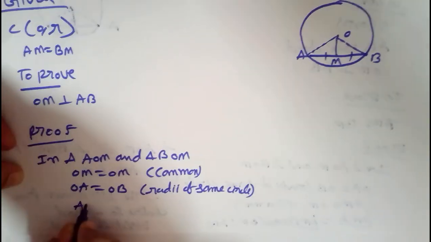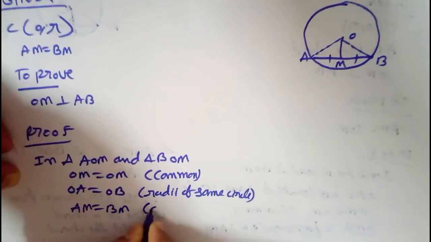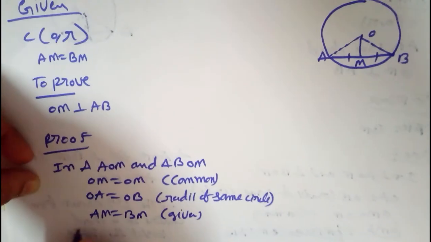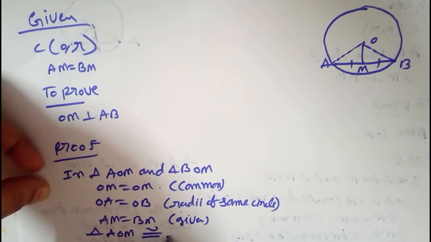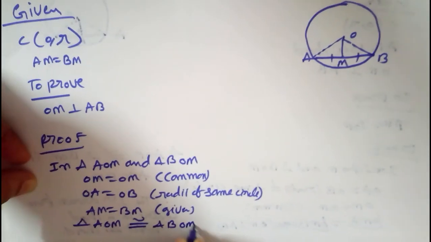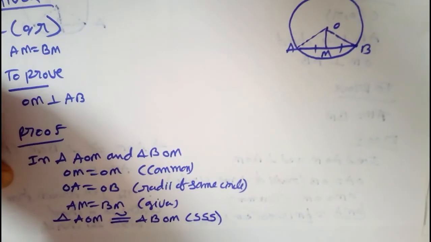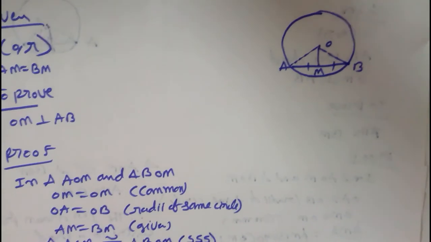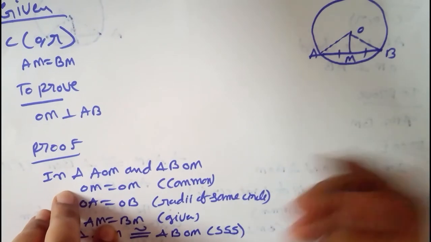Next, AM is equal to BM, given. Therefore triangle AOM is congruent to triangle BOM, SSS congruency.